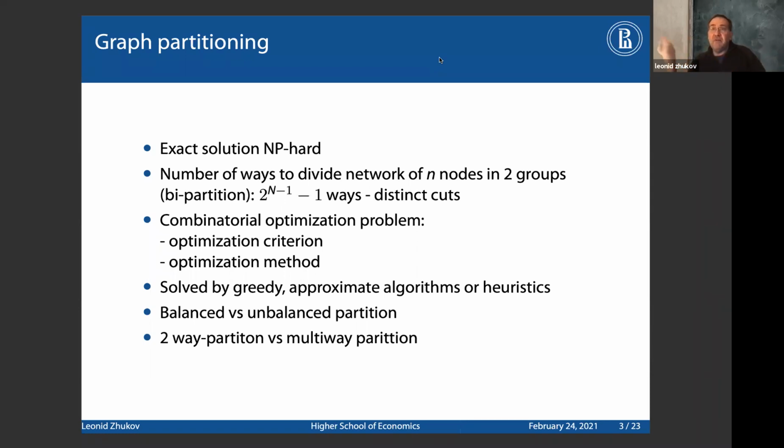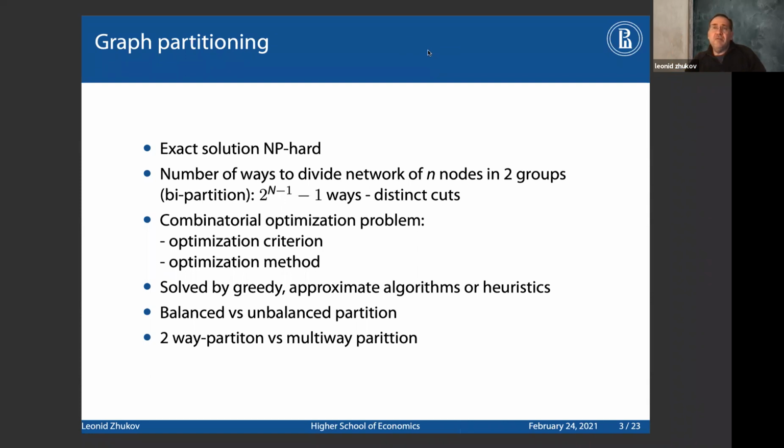So it's 2 to the power of n. But then, you want to exclude the situation when all nodes belong to one set. And then you need to take into account the symmetry, because for the two groups it doesn't really matter which group the node belongs to, but it's still on the order of 2 to the n, right? And that's just for bipartitioning.